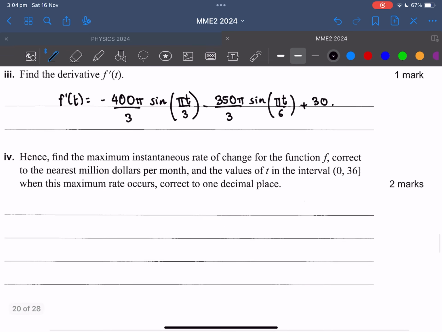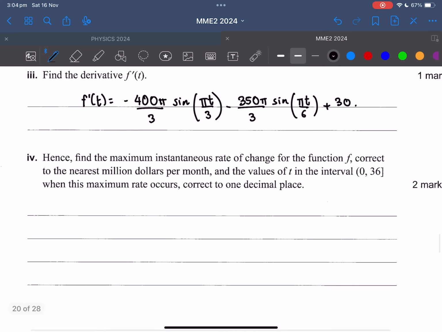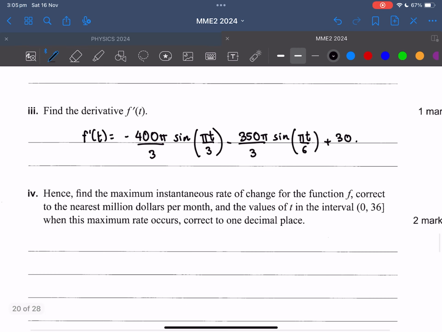Okay, hence find the maximum instantaneous rate of change for the function f correct to the nearest $1 million per month, and the values of t in the interval from 0 to 36 when this maximum rate occurs correct to 1 decimal place. Okay, so when we have to find a maximum of something, what do we do? We differentiate, right? We have to find the maximum instantaneous rate of change.